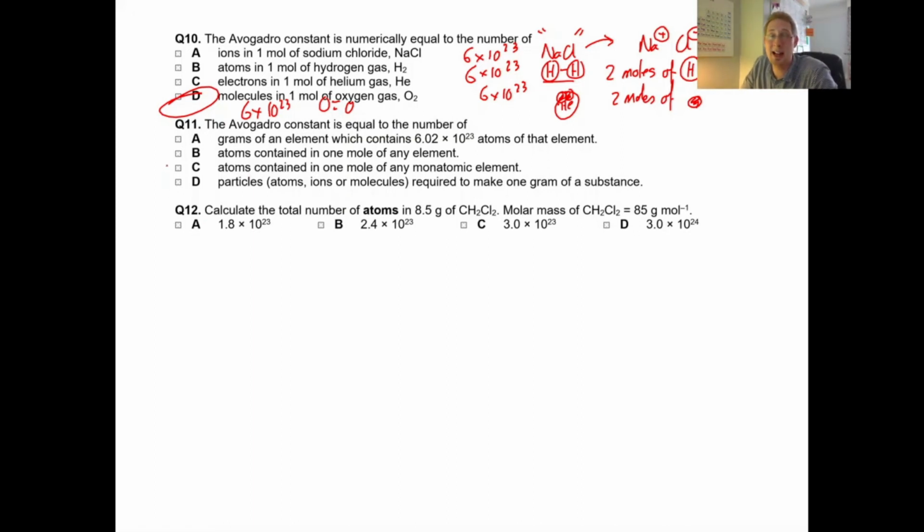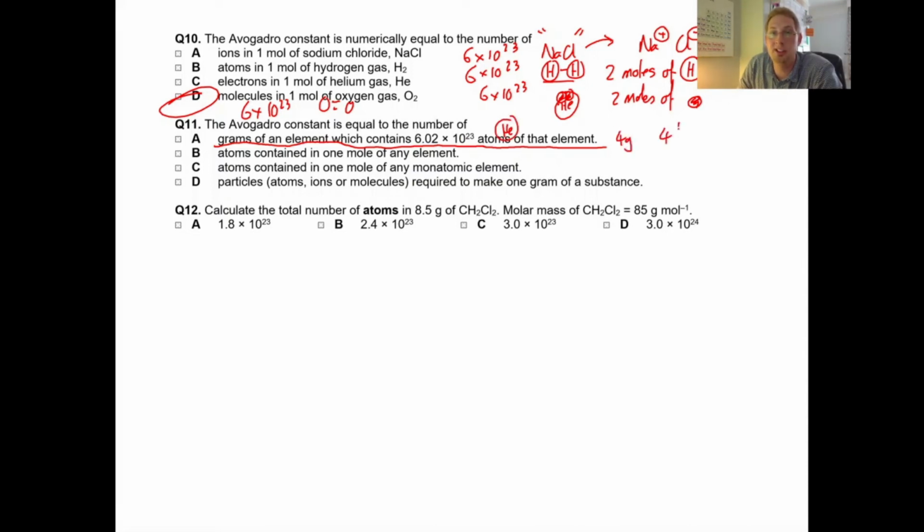A question that my A-level students get wrong again and again, despite the fact they've seen it 3 times, is what is the Avogadro constant equal to? Well, it's not the number of grams of an element which contains 6.02 times 10 to the 23 atoms of that element. So 6.02 times 10 to the 23 atoms of helium, for example, weighs 4 grams.